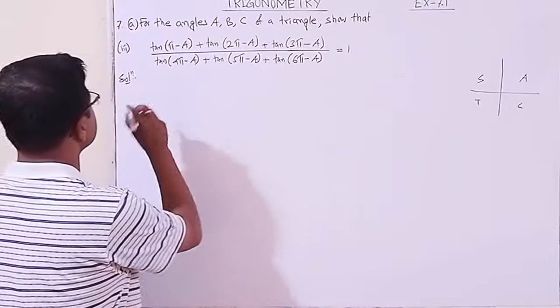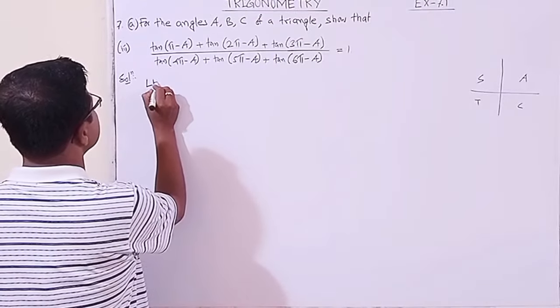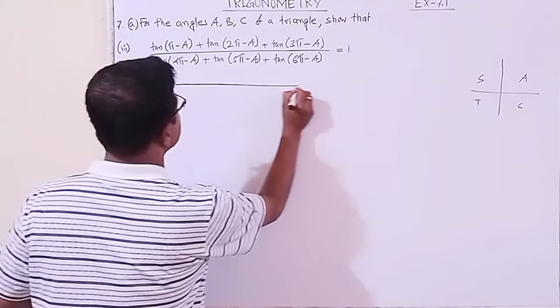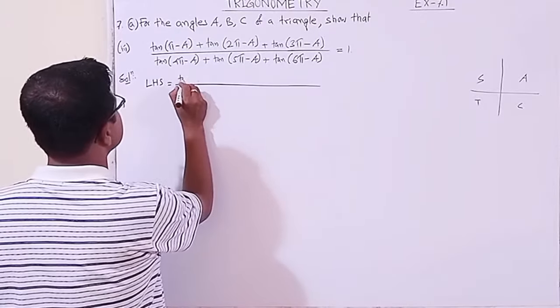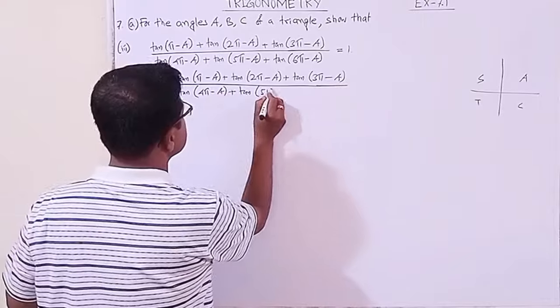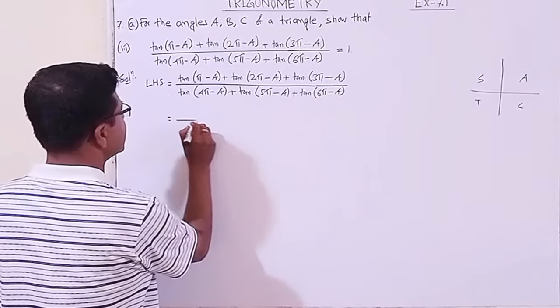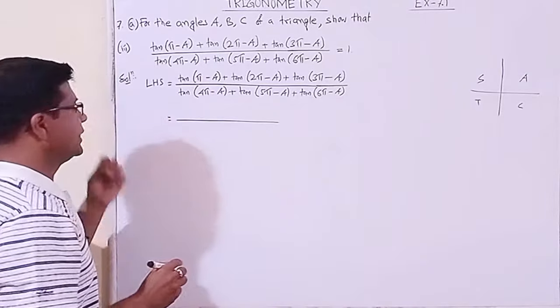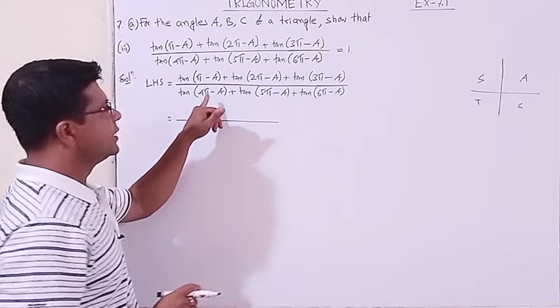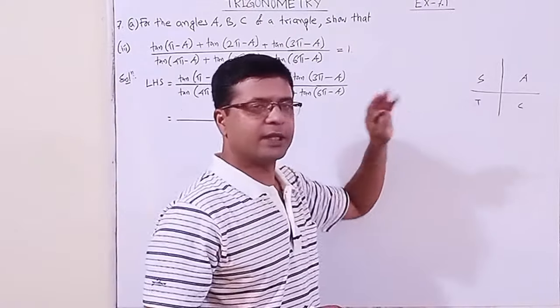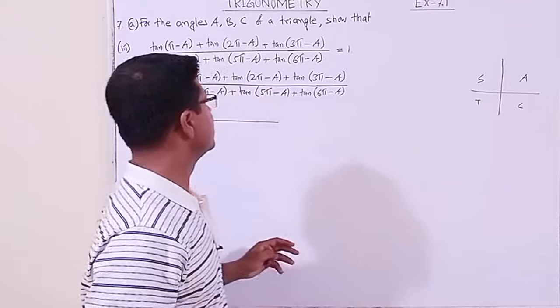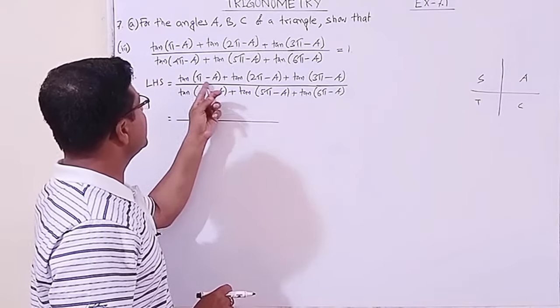Now dear students, we have taken the third one. Let us write the left hand side. Directly we will write whatever is given, copy paste. Now here we shall apply this concept only. Here the concept of triangle ABC is not required at all. Now tan of pi minus a.